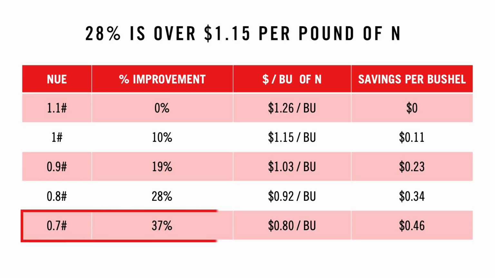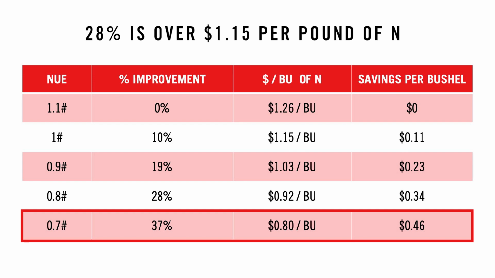If we can make the nitrogen system work for us and rely on the nitrogen supplying power of our organic matter, we can move our use efficiency number down, and we'd love to see growers in the 0.7 club, where there would be a 37% improvement, meaning 37% less nitrogen purchased that you had to pay for.